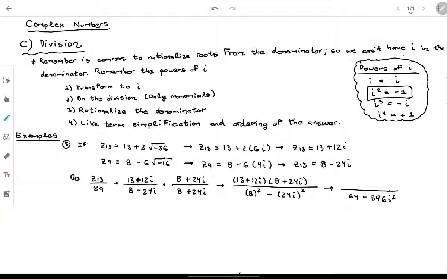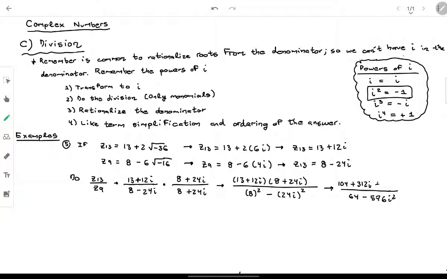What will happen on top? Of course, it's going to be a multiplication of two binomials. So it's going to be 8 times 13. It's going to be 104 plus, then it's going to be 13 times 24, that is going to be 312i.